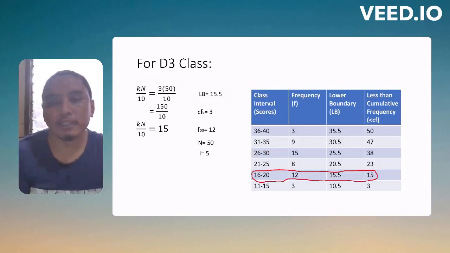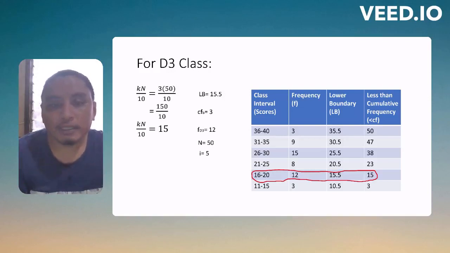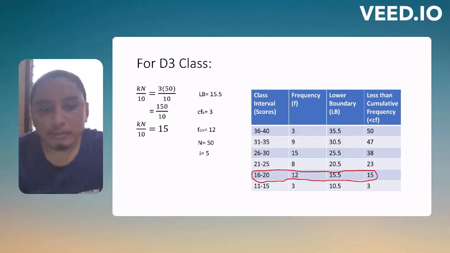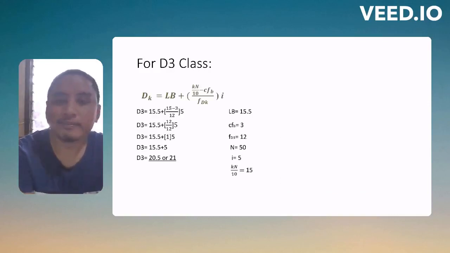So 15 belongs to the class interval 16 to 20 because the class interval 16 to 20 has a less than cumulative frequency of 4 to 15, which is the total here.